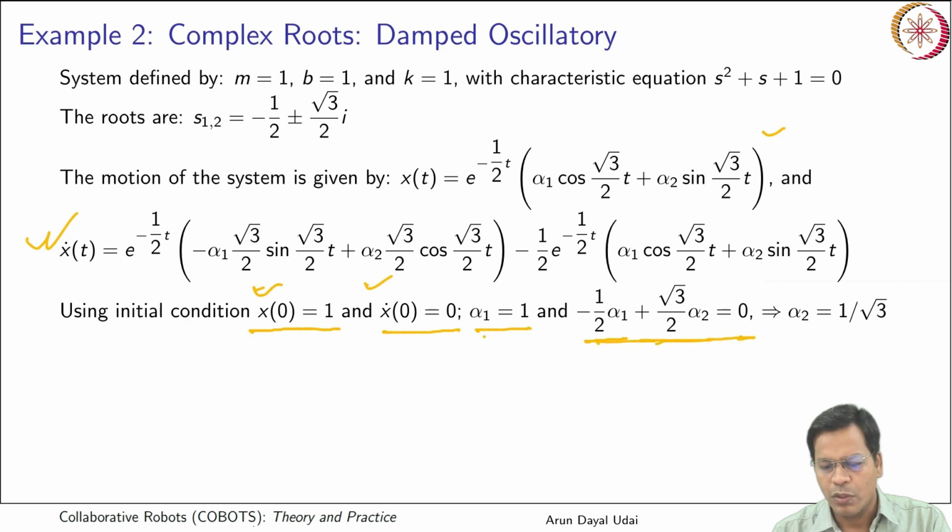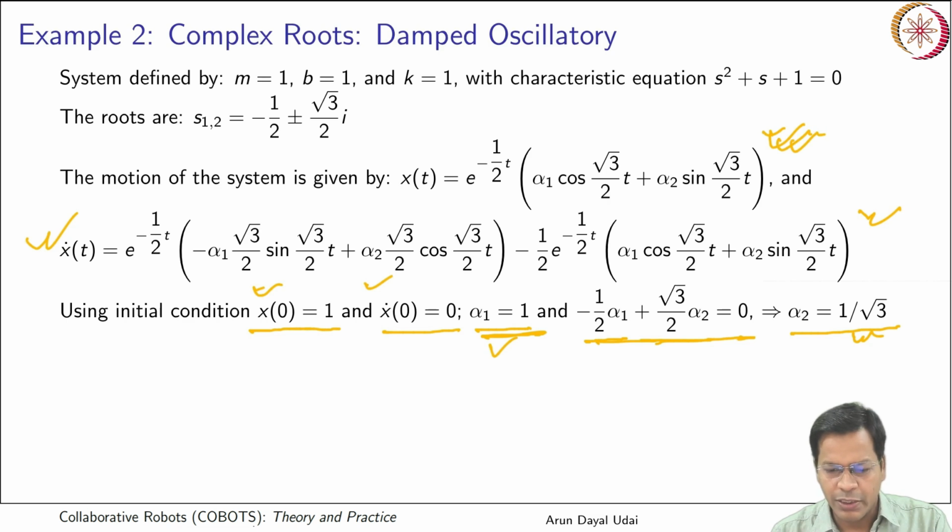These are two simultaneous equations. Solving them, I get alpha 2 as 1 by root 3. Alpha 1 you got here and alpha 2 is here. That makes this system's time domain solution complete.